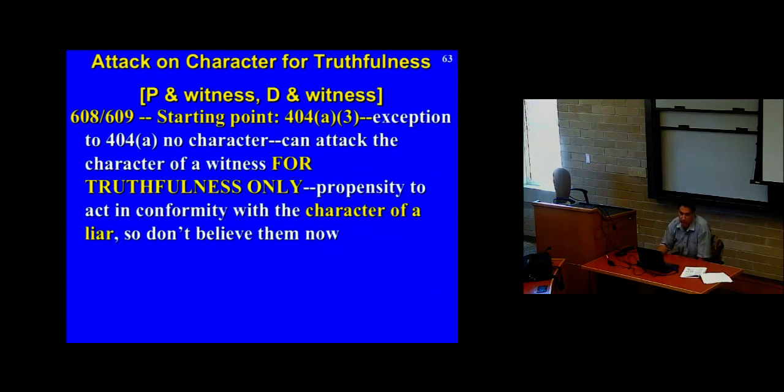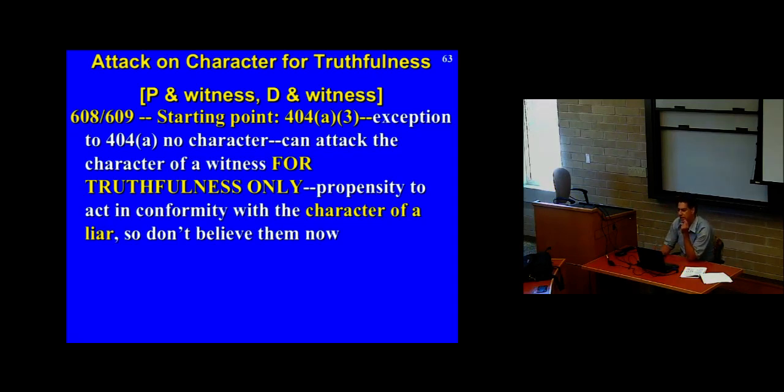The starting point really of 608 and 609 is Rule 404(a)(3), which says this is an exception to generally Rule 404(a)(1), that there's no character evidence that's allowed, but you can attack the character of a witness for truthfulness only, and we allow you to do this under 404(a)(3), which refers you to Rules 608, 609, because the 600s deal with witnesses, and so this is the character for truthfulness of a witness.